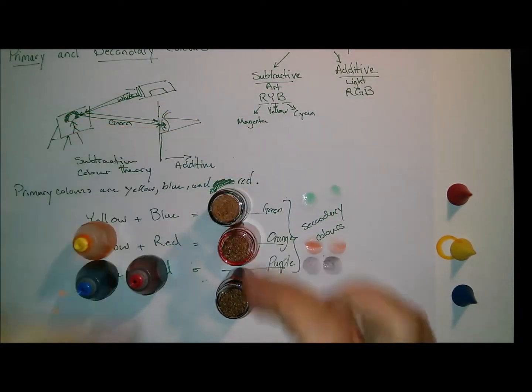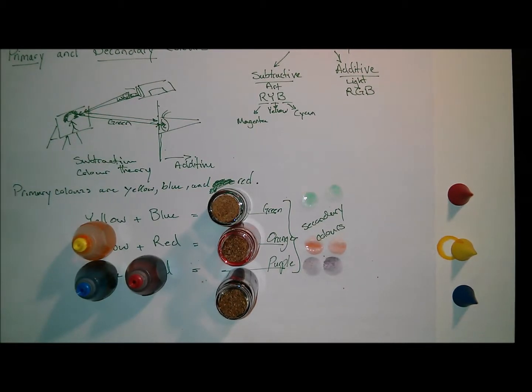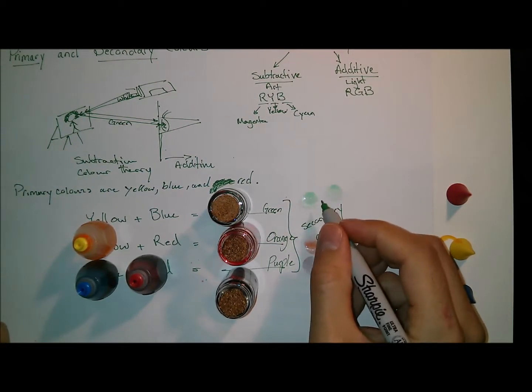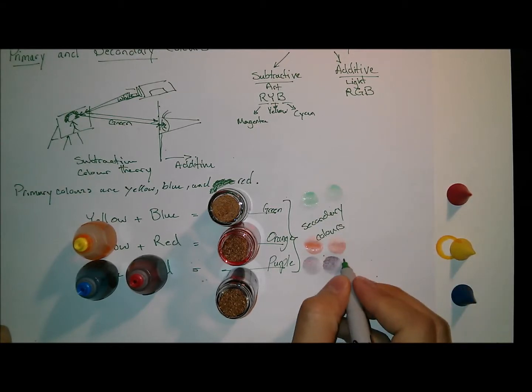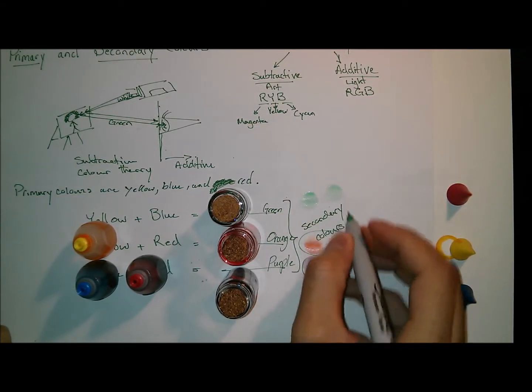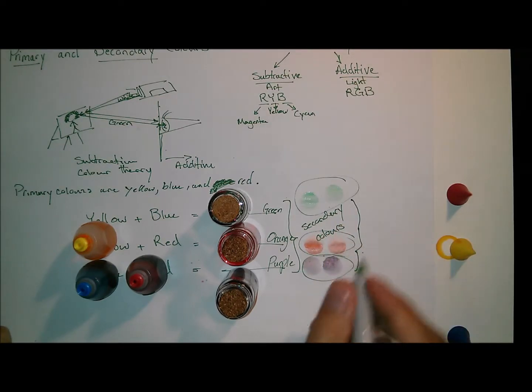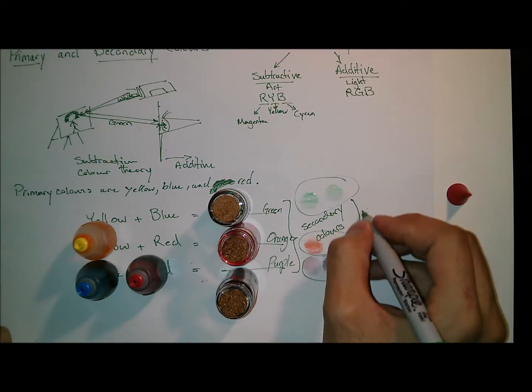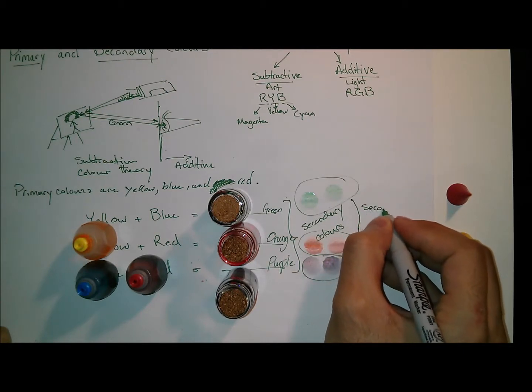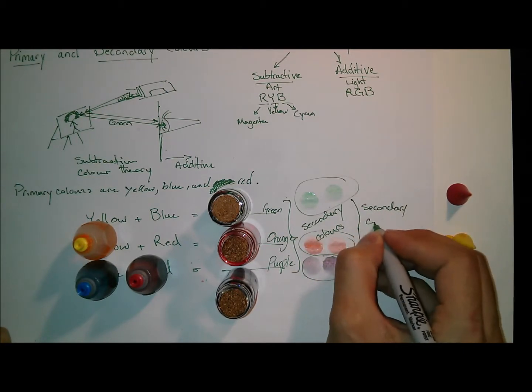From all these, what you should see are green, orange, and purple. So this is the first secondary, second secondary, and third secondary. You have 3 colors which relate to secondary colors.